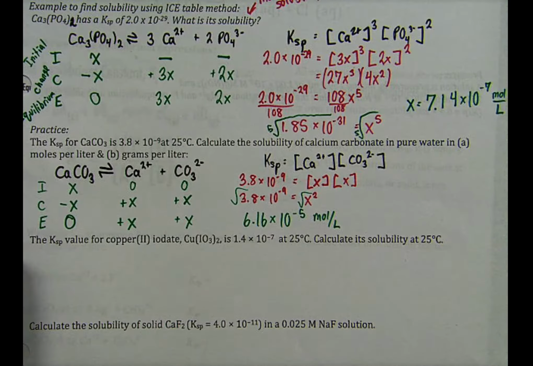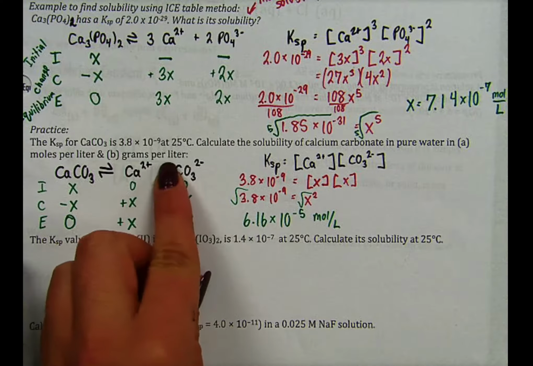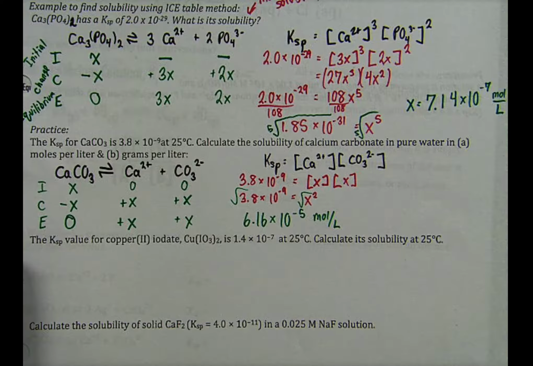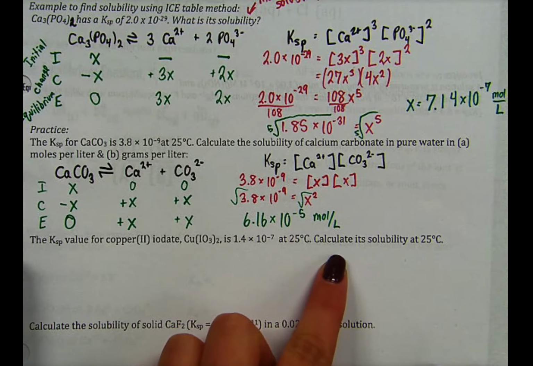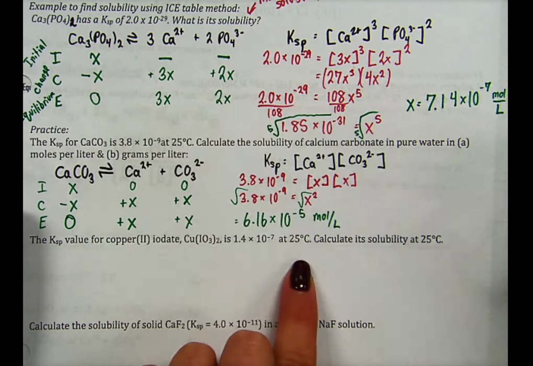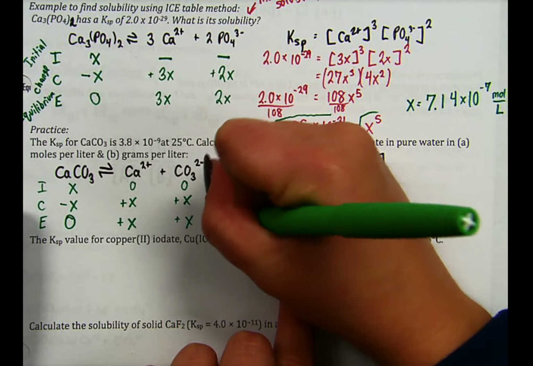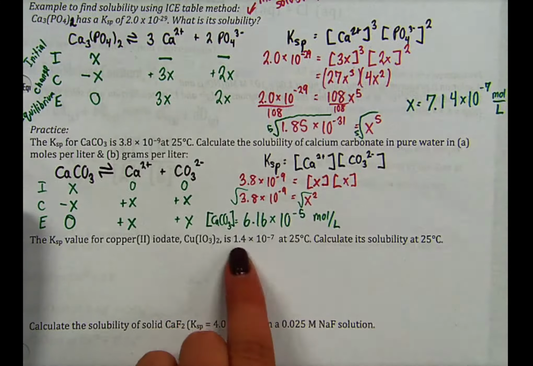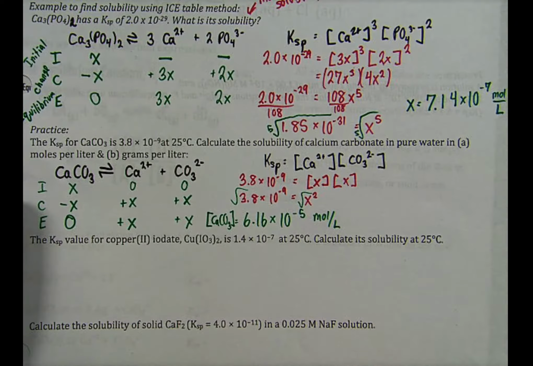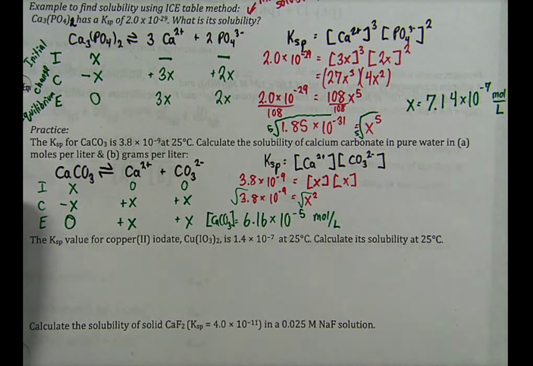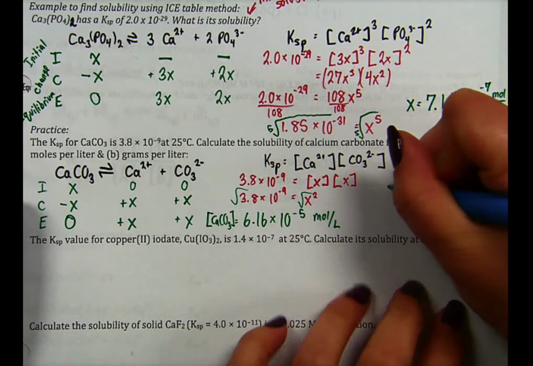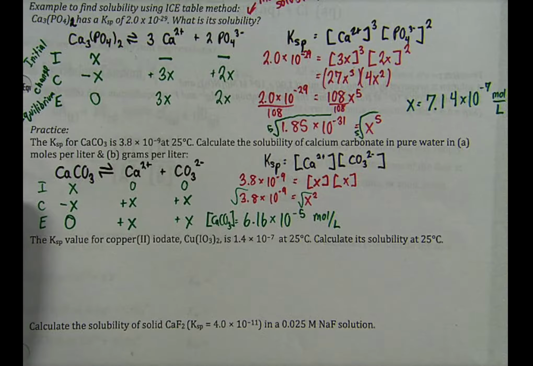Now, if it asked us for the solubility in grams per liter, because we measure things out in grams, all we would have to do is convert this to grams. So this, remember, is our concentration of calcium carbonate, our molar solubility of calcium carbonate. Let me show you how to convert it to grams. So how do we convert from moles to grams?